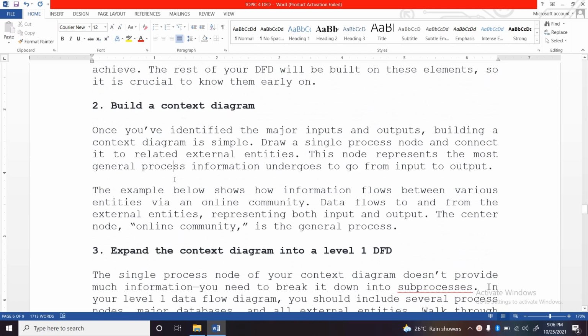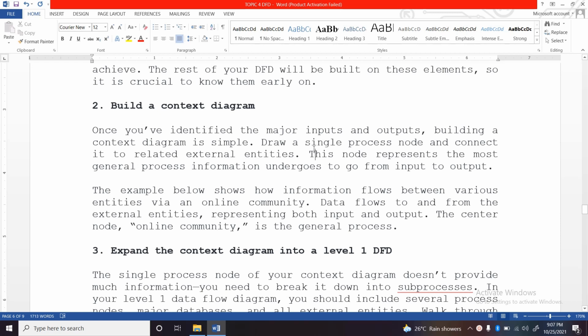Next one, you need to build a context diagram. As I've made mention a while ago, the context diagram is also known as the level 0 DFD. Once you've identified the major inputs and outputs, it is now time to build a context diagram, which is very simple.